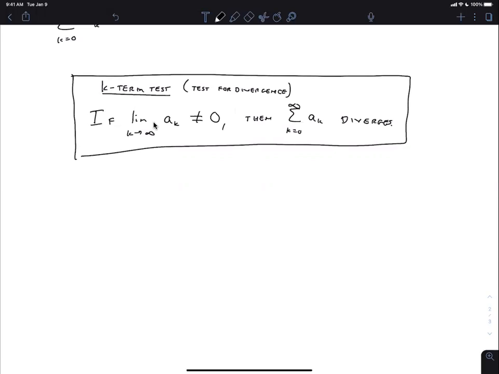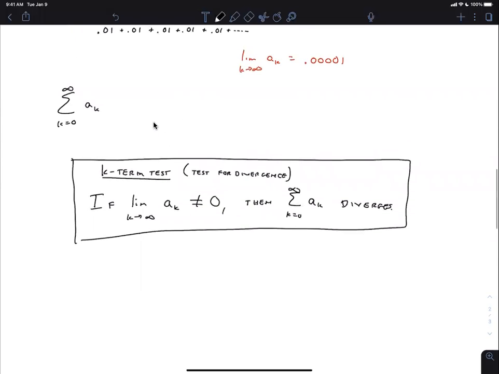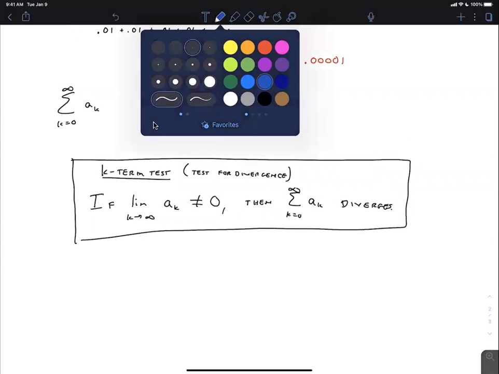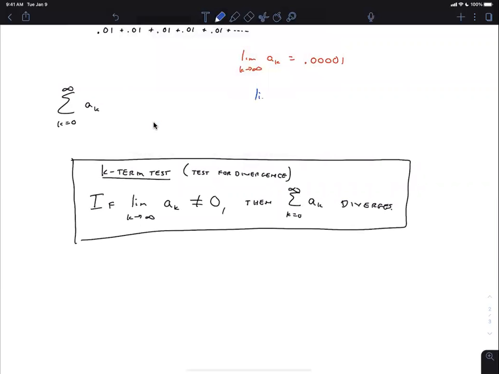Are we clear? Now I want you to read it very, very carefully. What does it say when the limit of the sequence is 0? Good answer. If the limit of the sequence is 0, what does it tell you about the series? Somebody just said it, it doesn't tell you anything.